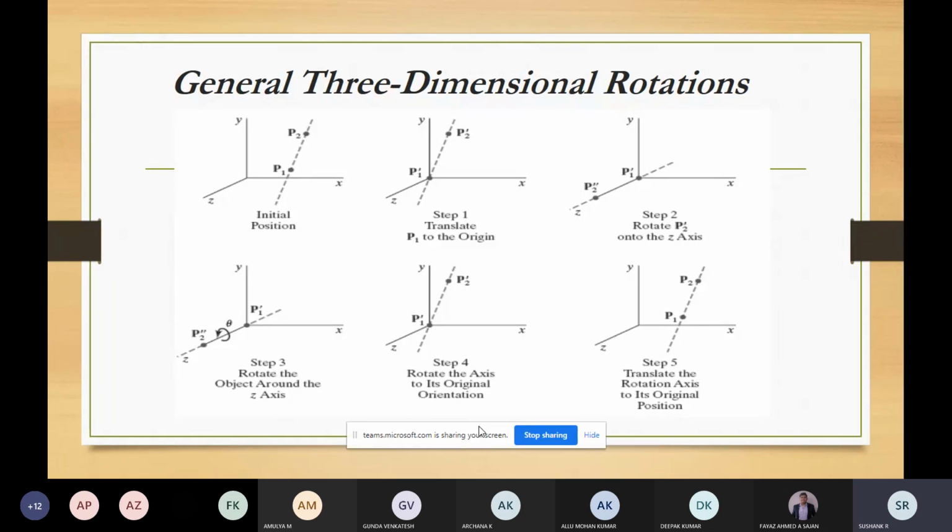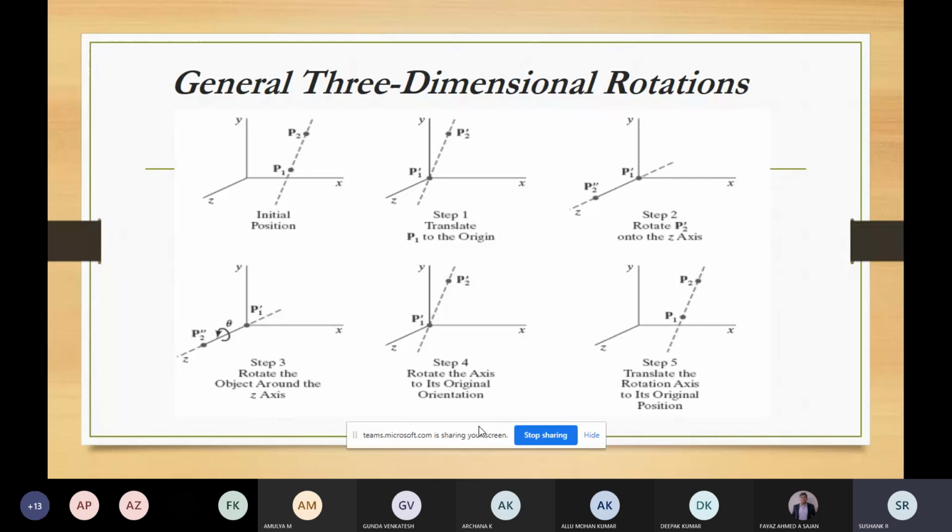Then we performed the rotation about the x-axis, y-axis, or z-axis, based on the object. After that, we did the reverse of the first two steps: the inverse rotation to bring it back to the original orientation, and the inverse translation to bring the object back to the original position. So like this we studied.